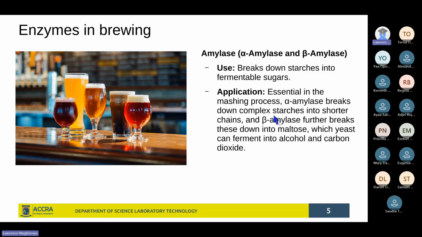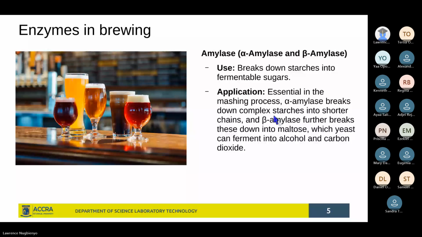But once you have a combination of alpha and beta amylase, then you can have, to a maximum effect, the carbohydrates that are present in a feedstock broken down to undergo fermentation to produce the alcohol that is the main product in a product that is being produced, say in the brewery, say in the beer.